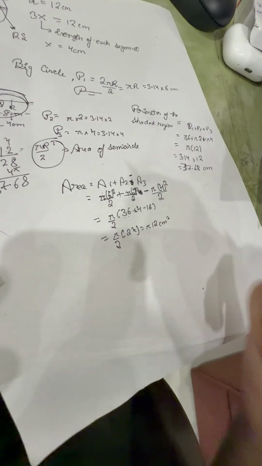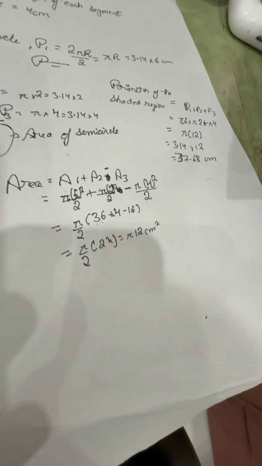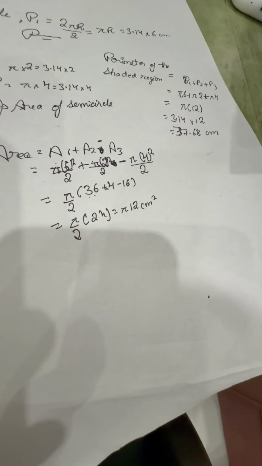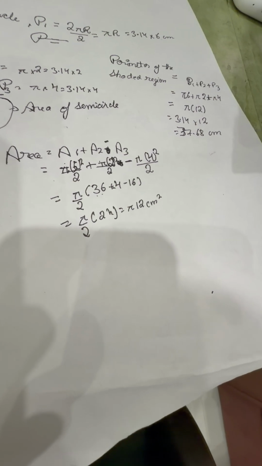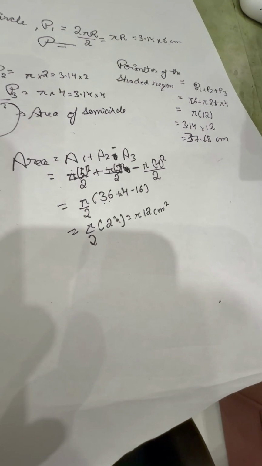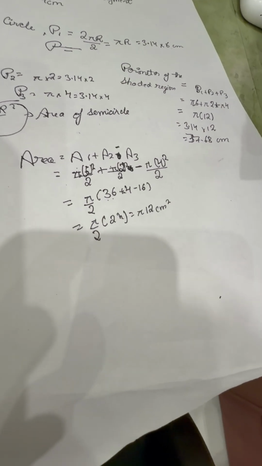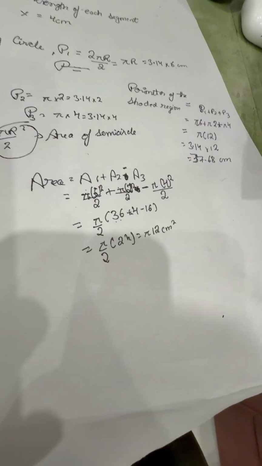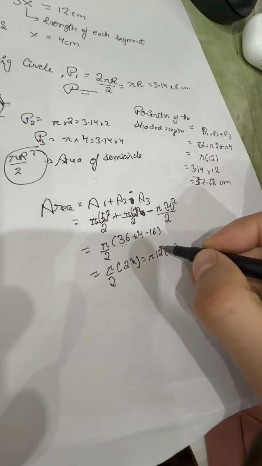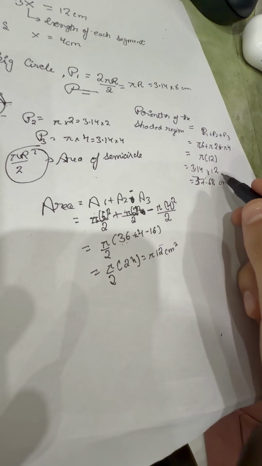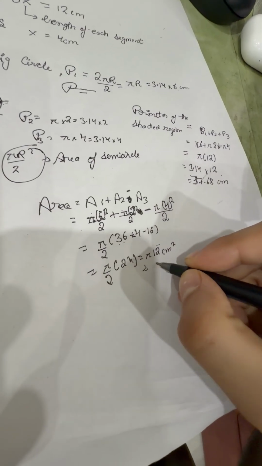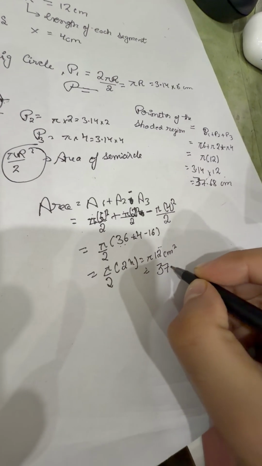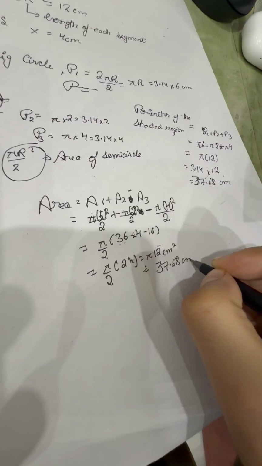Wait a second, have I made a mistake? Minus 16 is 24. The pi into 12, we have seen this here, so should be equal to 37.68, but I think this answer is wrong.